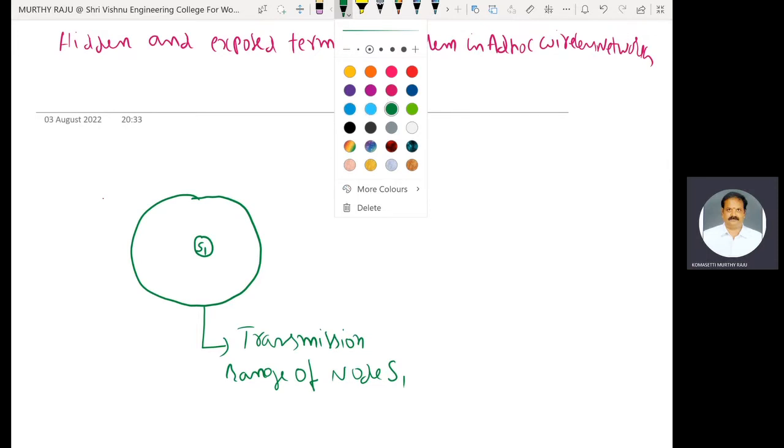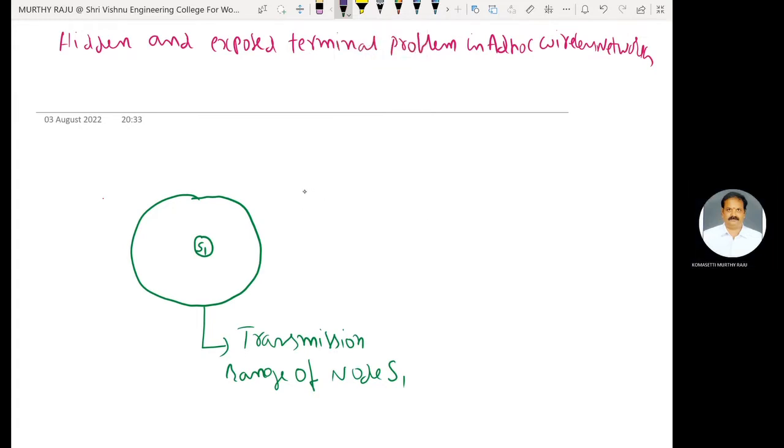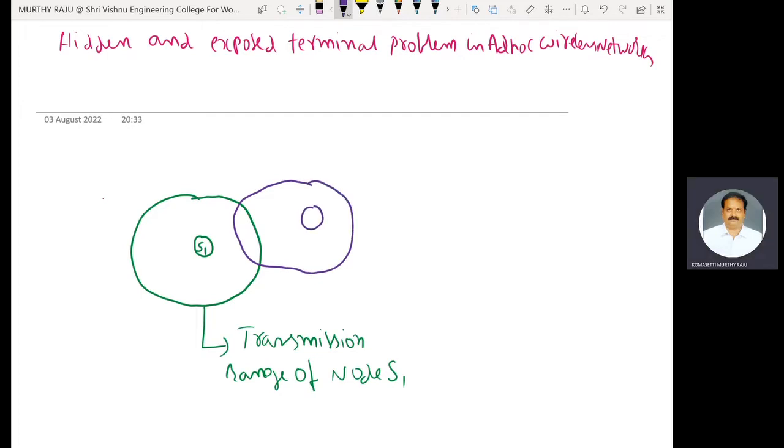Consider another node, S2. This one is S2.